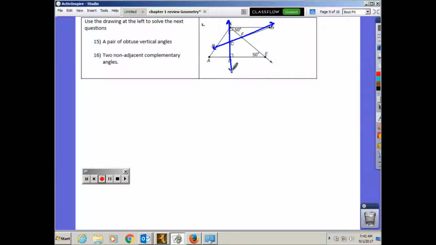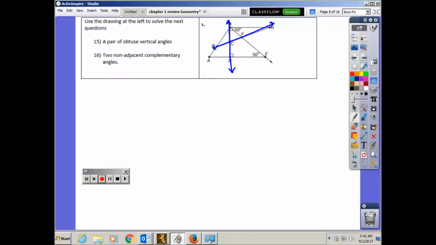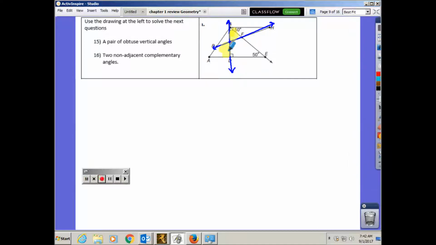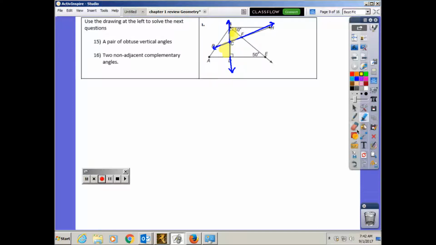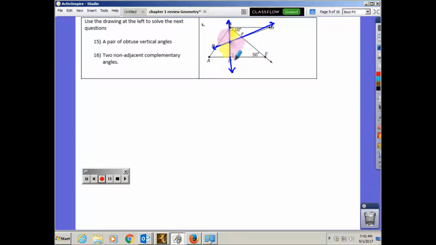So basically 2 lines that intersect. And I'm going to highlight these in. Sometimes when I highlight, it helps me see. Okay? And I can see that the set that is acute is the pink set.